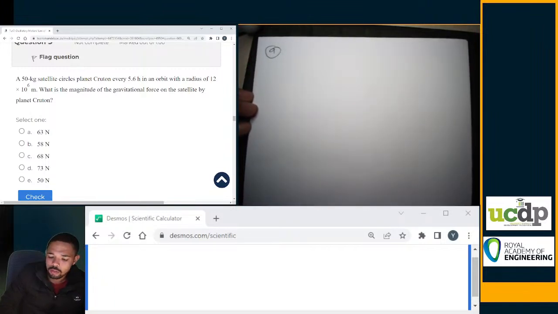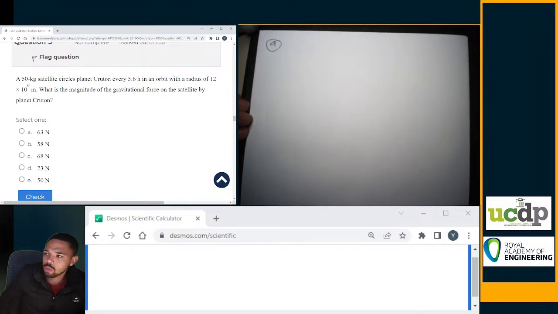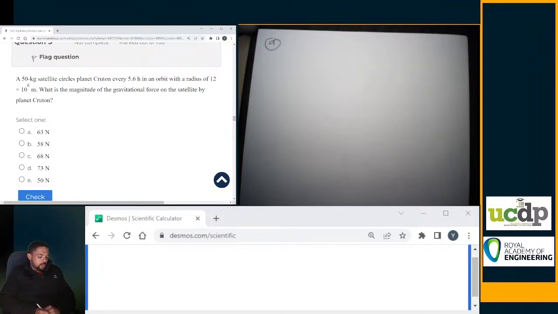Now, there are various Kepler's laws. We will only be using one. I wonder if I should write the law down in its pure form, but let me just ignore that for now. I'm going to show you Kepler's law.